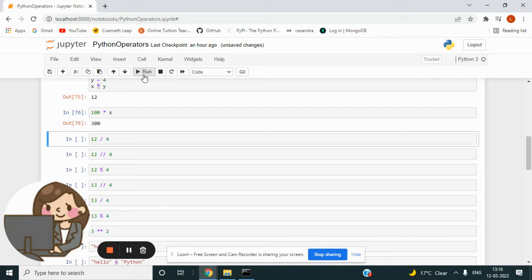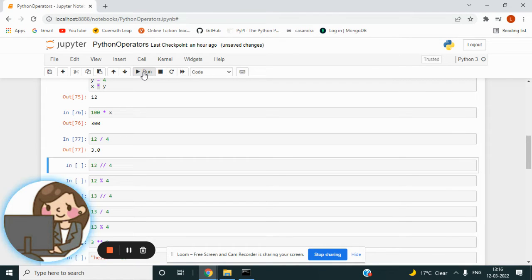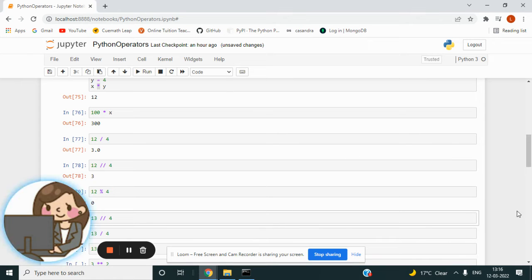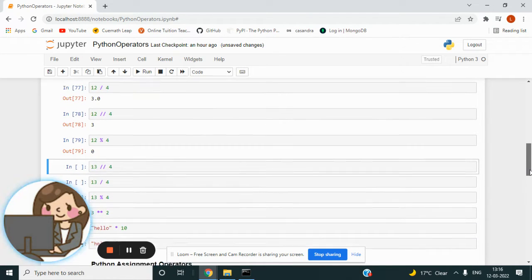Now consider these three operations. 12 by 4, with a single division operator; 12 by 4, with two division operators; and here we have a modulus operator, 12 modulus 4. Now what's the difference between these three operators?